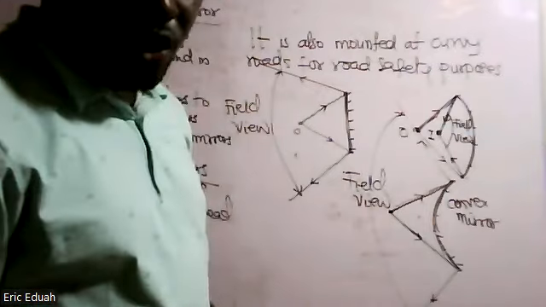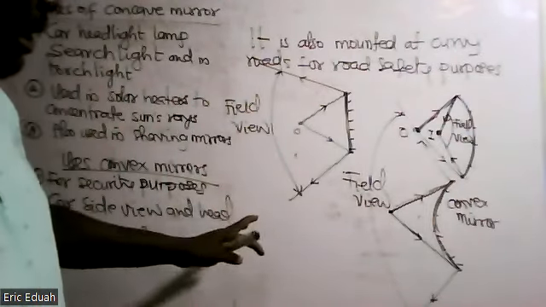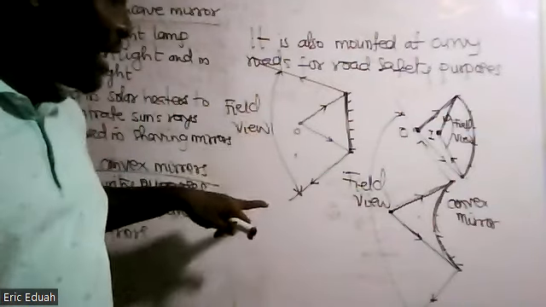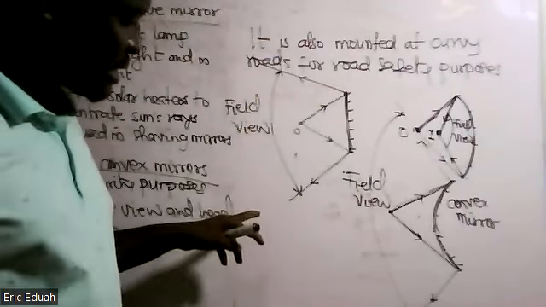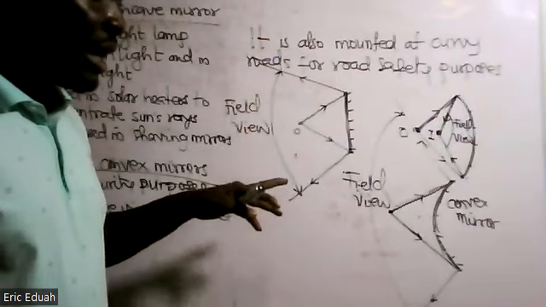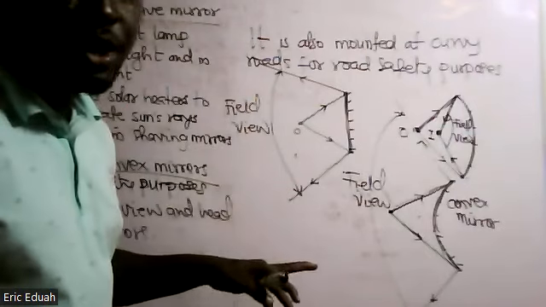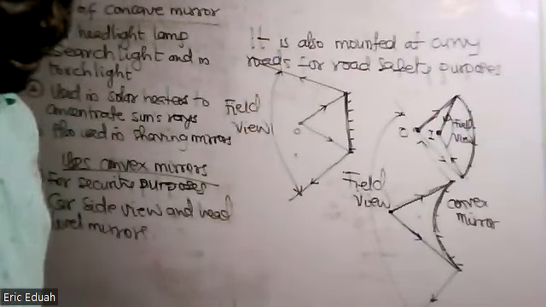The advantages of the convex mirror over the concave is that, one, it has a wider field of view. Two, the convex mirror always produces upright or erect images.